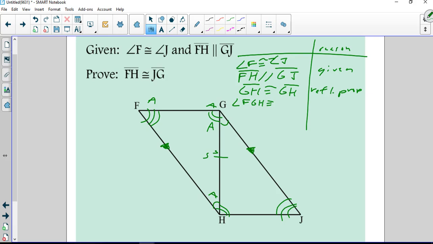So that means I'm going to go JHG, 3, 2, 1. Angle JHG. And it makes sense because here G is in the middle and it has 2 marks, and here H is in the middle and it has 2 marks.